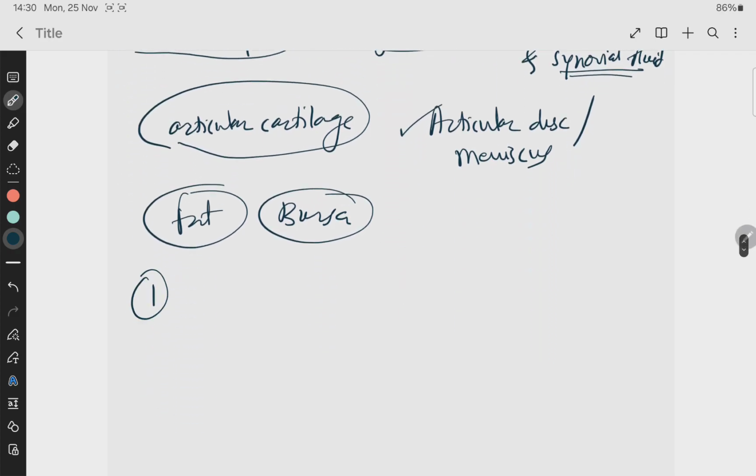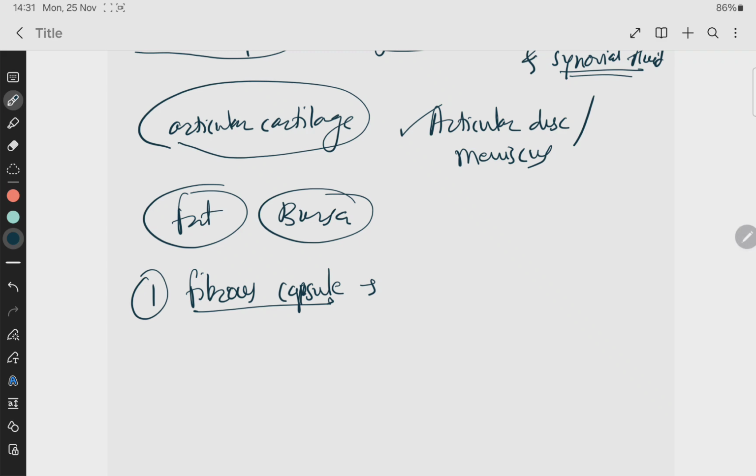First is the fibrous capsule. What is fibrous capsule? Fibrous capsule is made up of the connective tissue, okay, and that connective tissue holds the articular bones together, okay, that is called as the fibrous capsule.